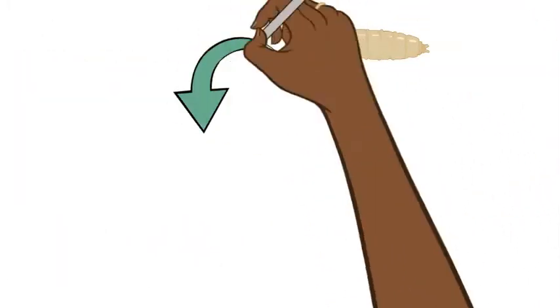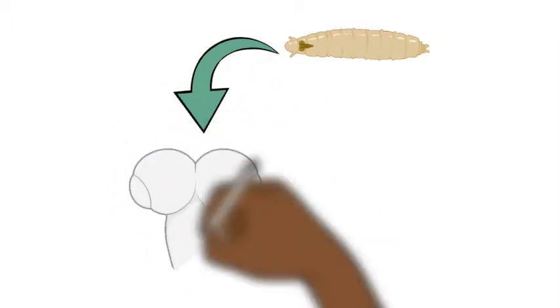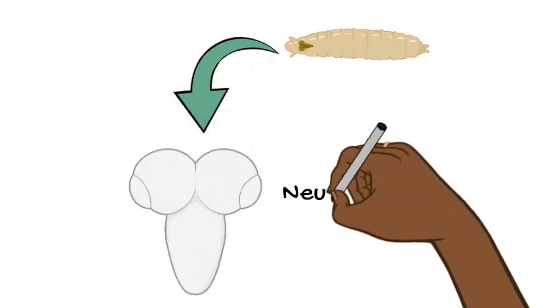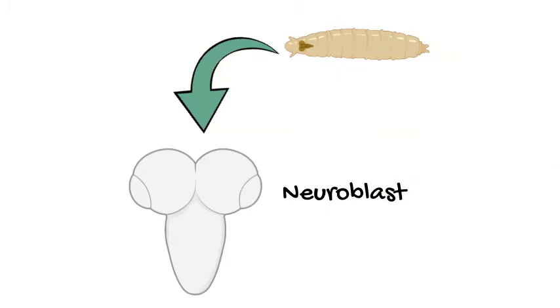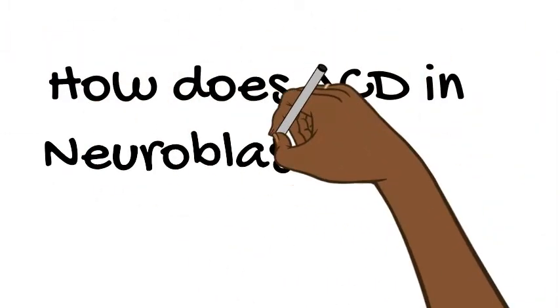In my lab, we focus mainly on embryonic and larval stem cells in Drosophila, specifically neuroblasts, which are the stem cells found in the brain that will eventually develop into the central nervous system. So how does asymmetric cell division in Drosophila neuroblasts work?